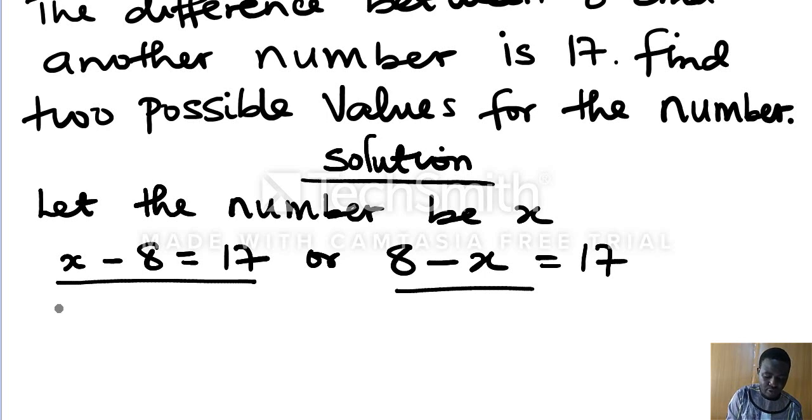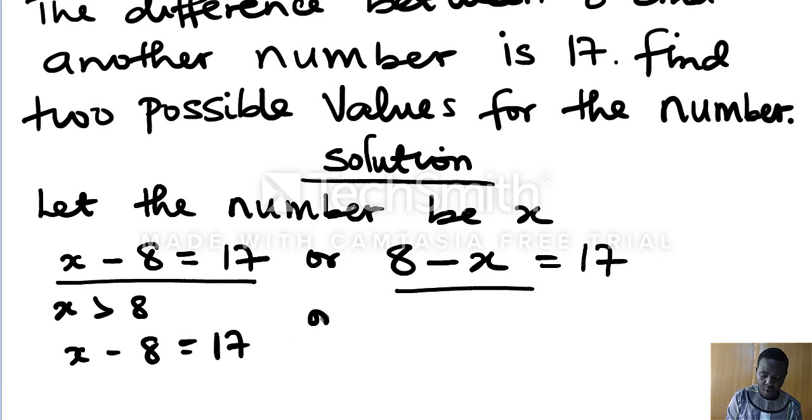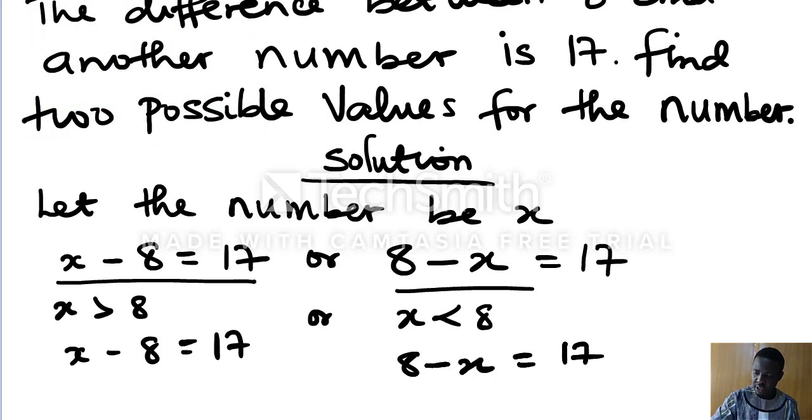So if x is greater than 8, it therefore means that x minus 8 is equal to 17, or if x is less than 8, it therefore means that 8 minus x is equal to 17.